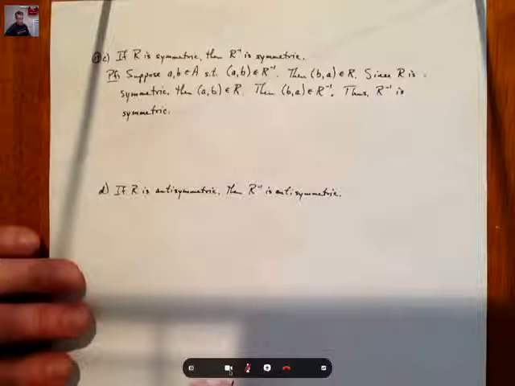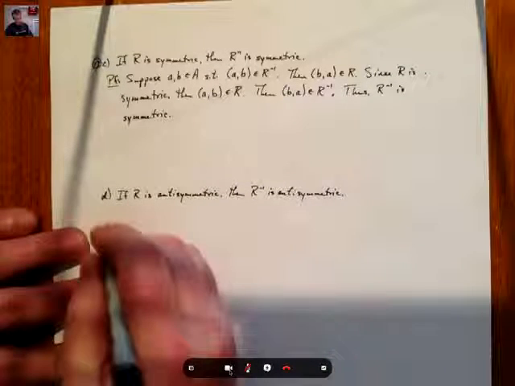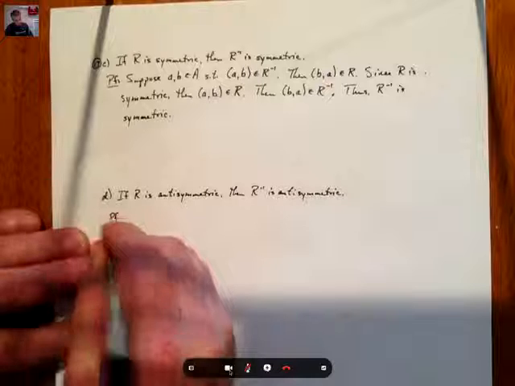Okay? And then finally, if R is antisymmetric, then R inverse is antisymmetric. Okay, now the way we show this is we say, all right, suppose we've got both a related by R inverse to b, and b related by R inverse to a. Show that a and b have to be the same element. Okay? All right, so let's prove that.